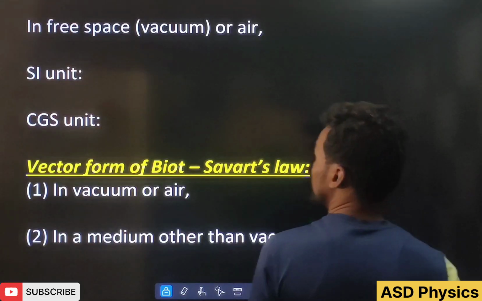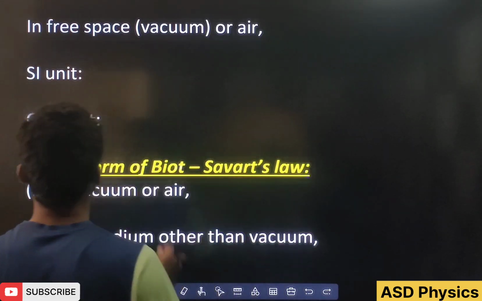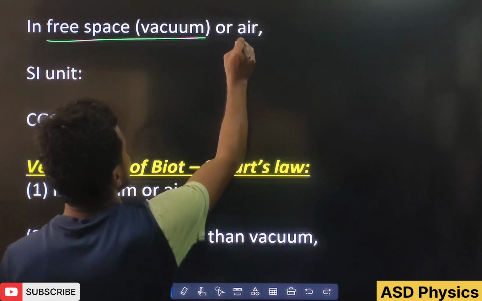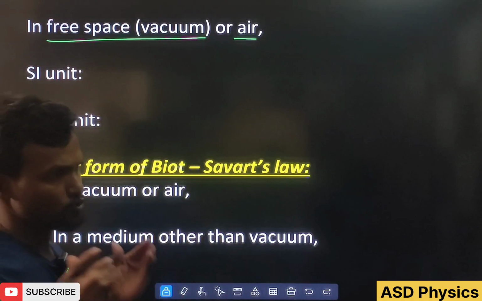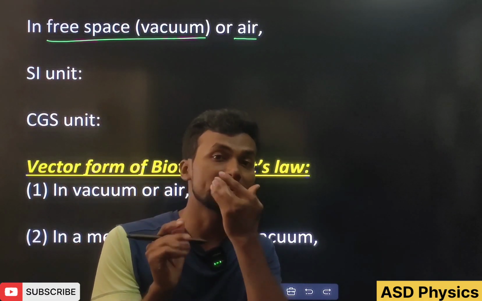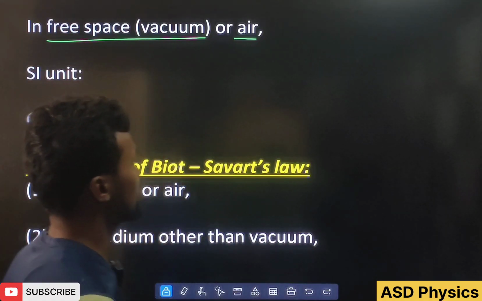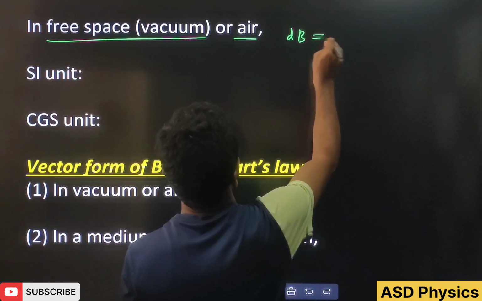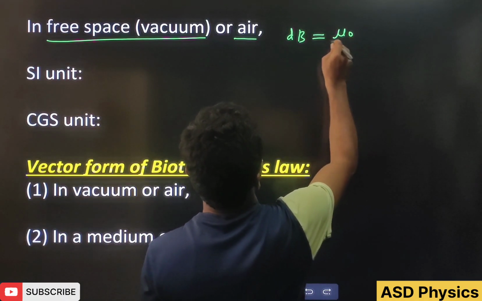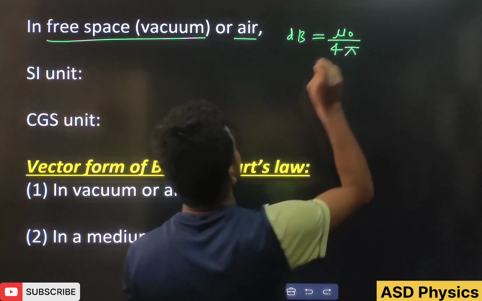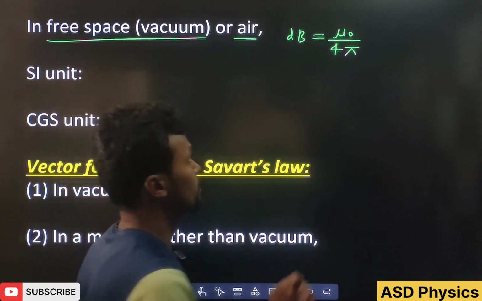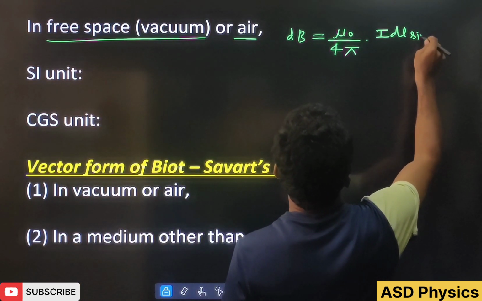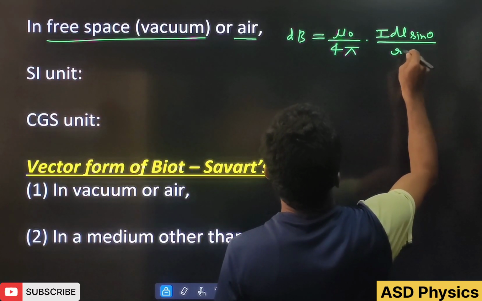Okay, great. Now students, let's see, in free space, or we can say vacuum, applicable for air also. Let's take for example this current carrying conductor is placed in vacuum or air. In this situation, when we remove the proportional sign, the proportionality constant will come. The proportionality constant is mu naught by 4 pi, and we can write I dl sin theta by r square.